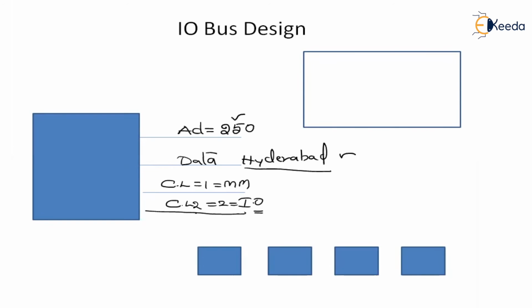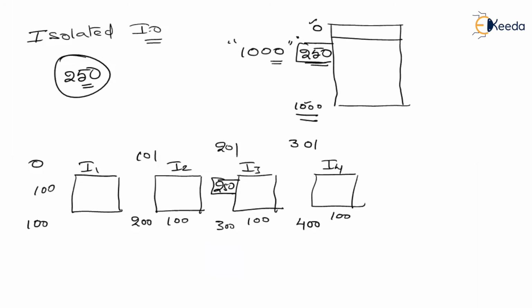This writing is going to be performed in either main memory or IO device. At that time, it is going to use these control lines. Okay. So CPU wants to write this data Hyderabad in the location 250. But there are two locations with that name. One is in the main memory, one more is in one of the interfaces.